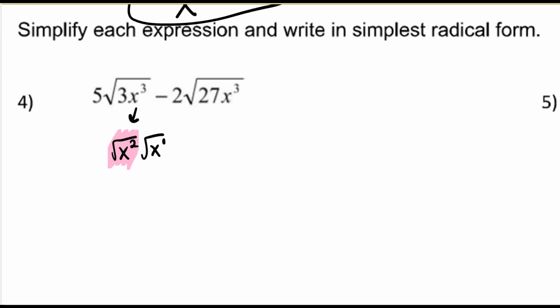The square root of x squared, provided we have a positive value of x here, so we're going to make some assumptions and assume that x is strictly greater than 0, would simplify to x. So essentially my first term could be 5x times the square root of 3x.